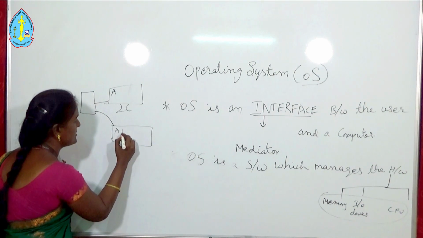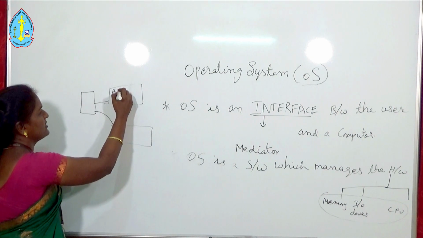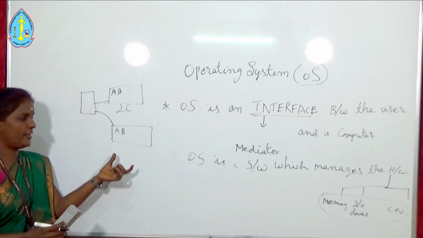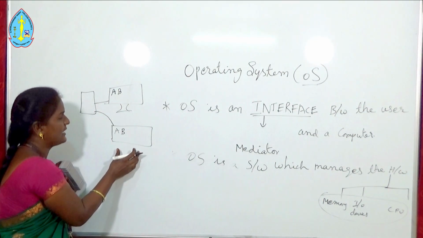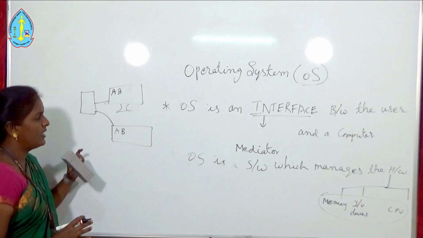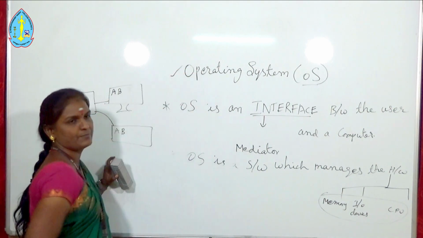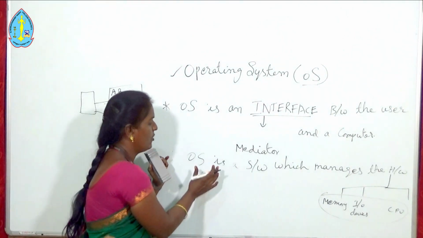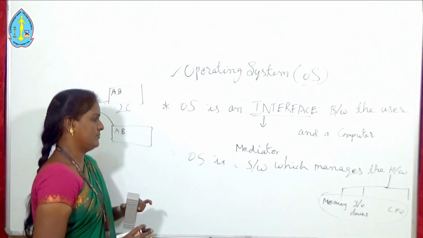Immediately, if you press B letter, that letter will be printed on the screen. Likewise, whatever input we are giving from the keyboard, the same thing will appear on the monitor itself. This happens with the help of operating system. So, that's why we are saying like this. Operating system is a software which manages the hardware.